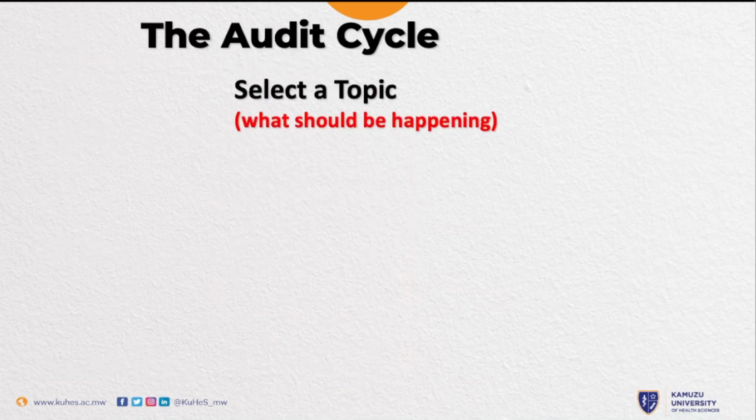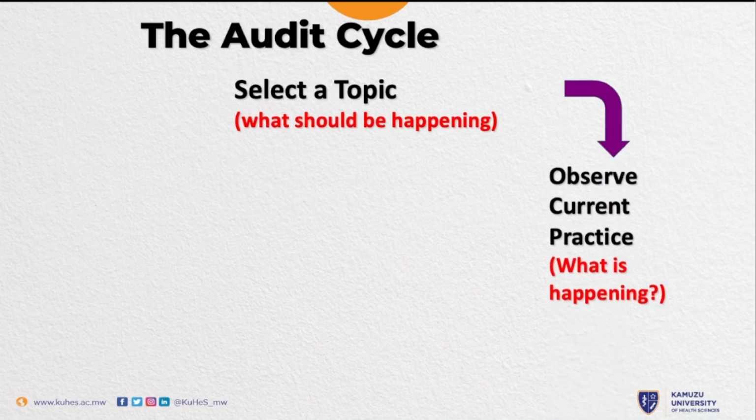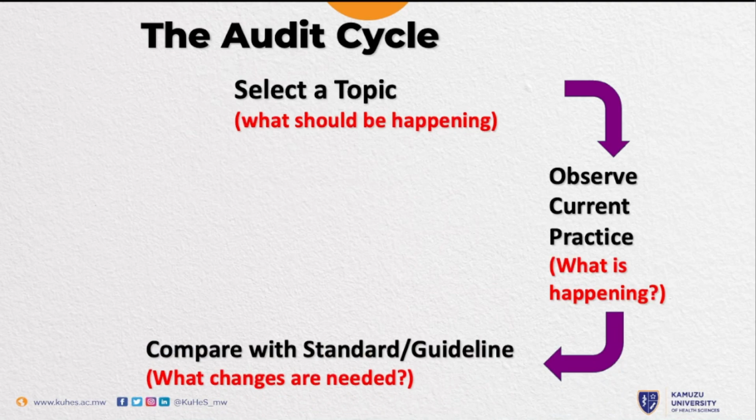In another way, we can say that you select a topic of your audit, that answers the question, what should be happening here. You observe the current practice, what is happening, all right? Then you compare that practice to your standard or the guideline, all right?